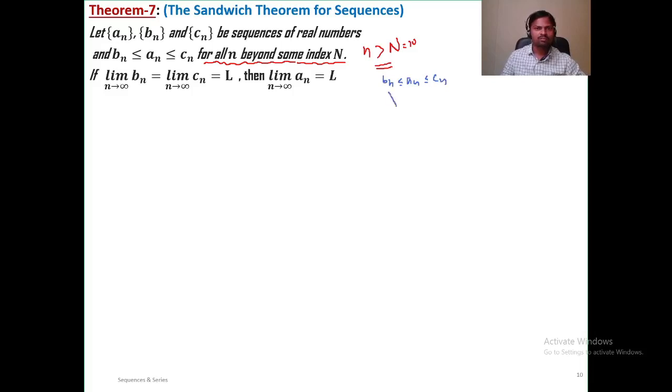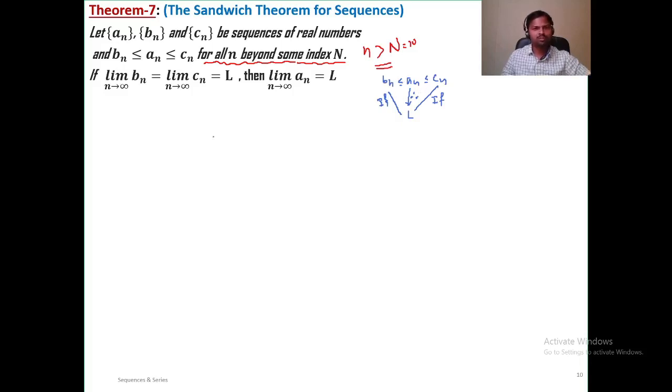If Cn converges to L and Bn converges to L, then the middle one also converges to L. The entry pass is that this condition needs to be satisfied, and you need to choose a proper lower bound and upper bound such that both converge to the same limit L.